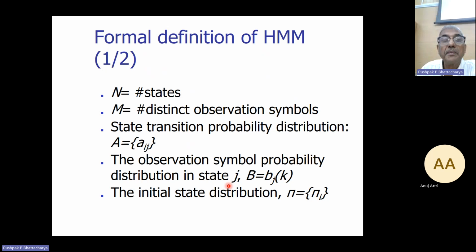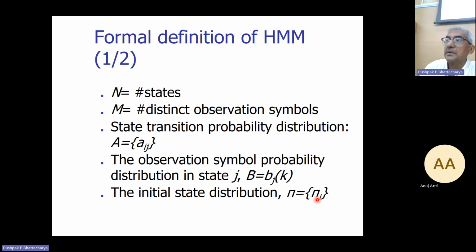The observation symbol probability distribution in the state J, B. So B is Bjk, the probability of emitting symbol number K in state number J. The probability of observing red ball given 1, which means container 1. The initial state distribution pi, which is pi I. So which urn will you start from?